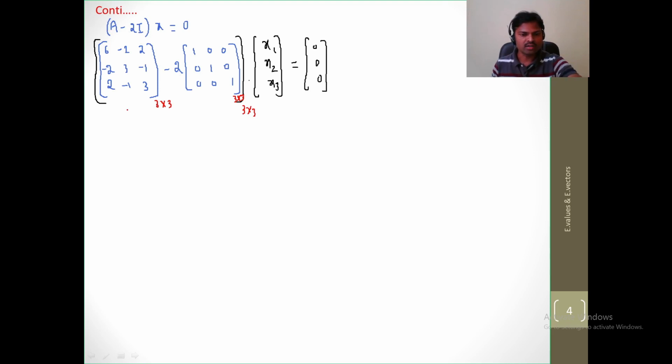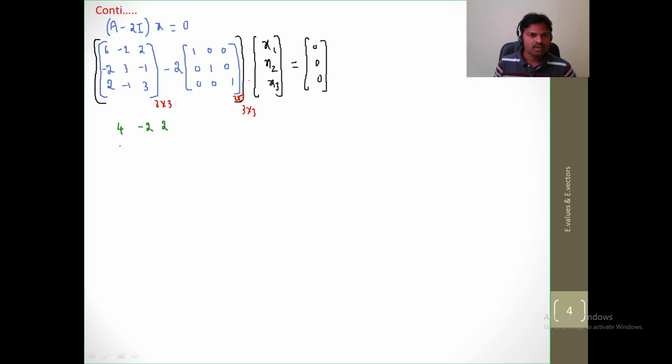Now simplify this. This matrix minus 2 into the identity matrix, so subtraction of 2I from A. 2 into the identity is 2, 0, 0, 0, 2, 0, 0, 0, 2. This matrix we have to subtract. What will we get? 6 minus 2 is 4, then minus 2, 2.